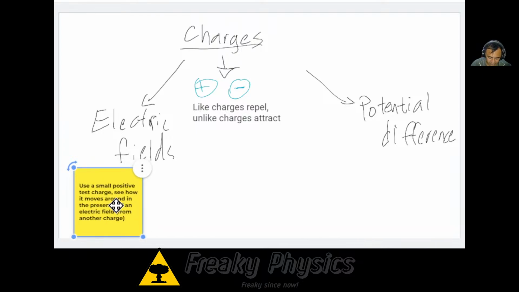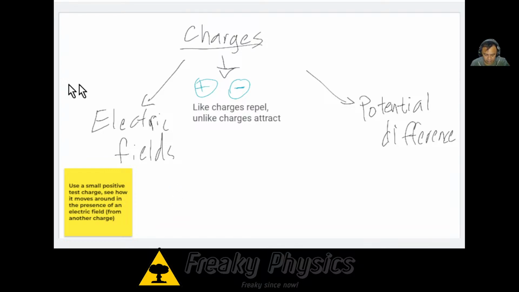For positive charges, how will these look? Let me do that again. For positive charges, the field will always radiate out of the charge, away from the charge.